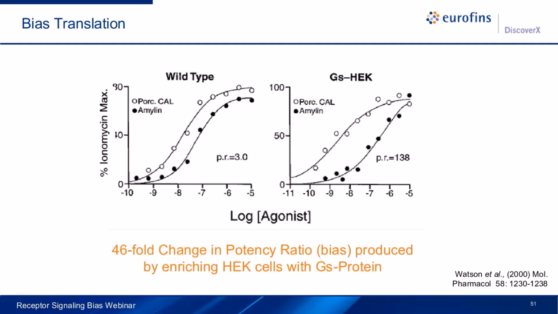This is the challenge we now have. We have a biased compound, but we now may see differences in that bias as we go in vivo therapeutically, which is one thing to argue for taking it into the most therapeutically relevant natural assay you have as quickly as you can.